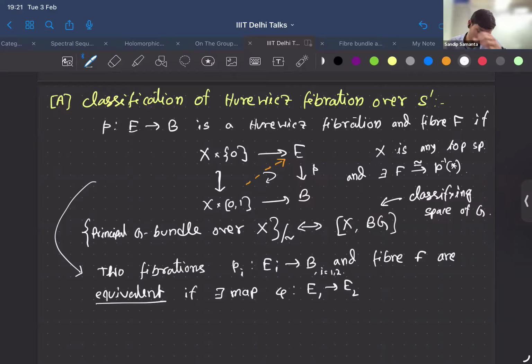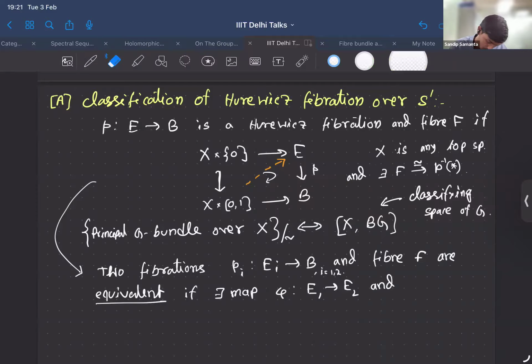This also comes with the choice of the fiber maps.